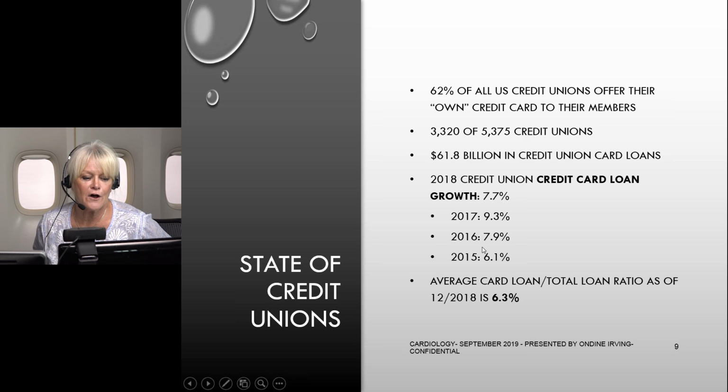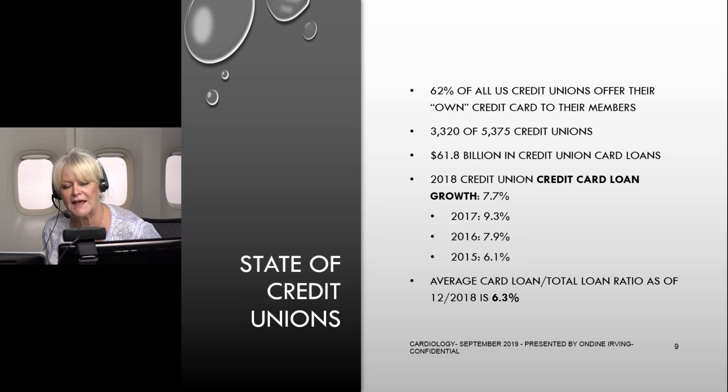You will hear me talk a lot about the card loan to total loan ratio. And for those of you who may not be aware, I worked with Rex Johnson a lot back in 1985 when he hired me at Baxter, and I stayed with him all these years. And we came up with a way to truly measure a credit union's loan portfolio.